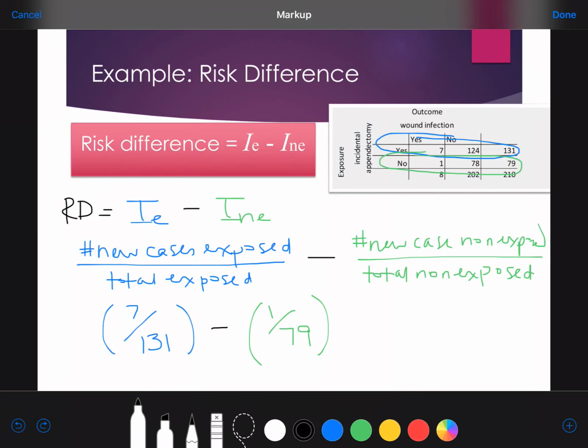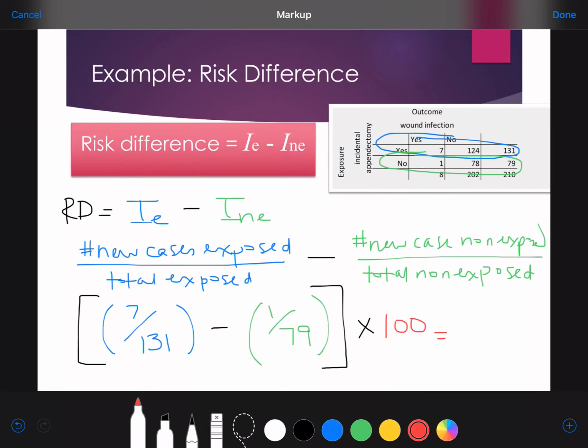When we're doing this per 100, you want to put these in brackets. First you subtract these, then you multiply by our multiplier, which is per 100, equals, and you come up with 4.1.